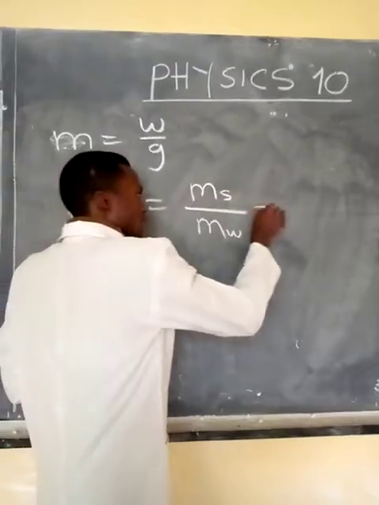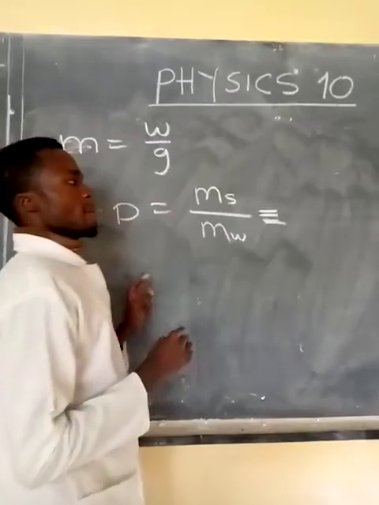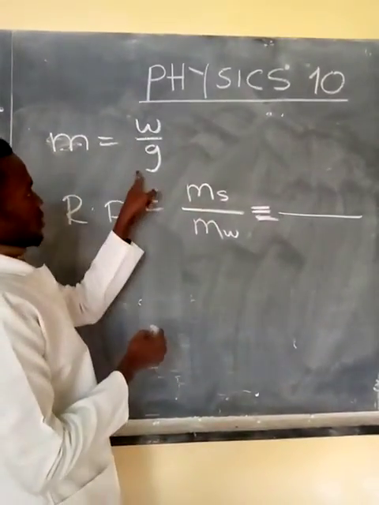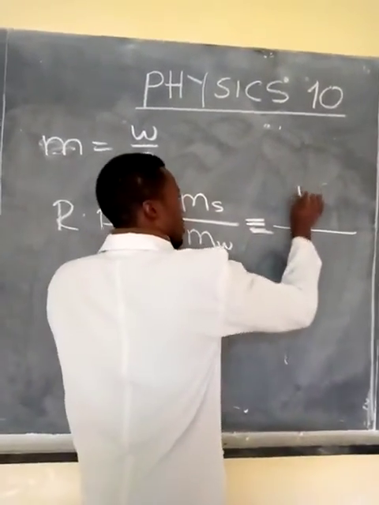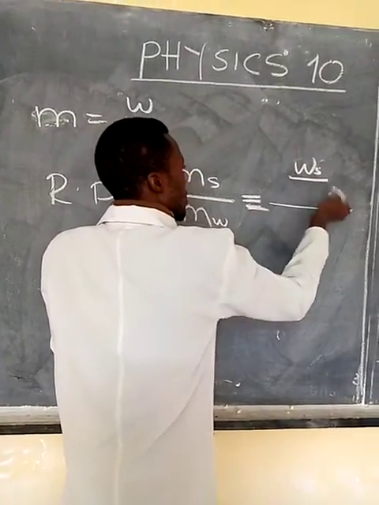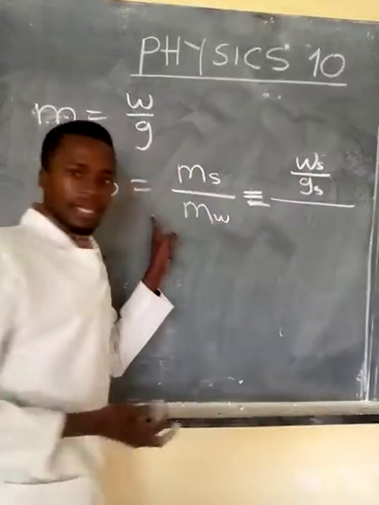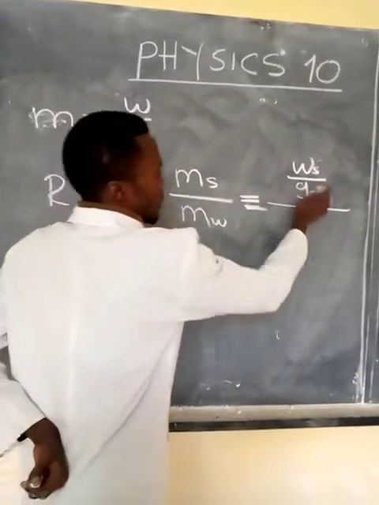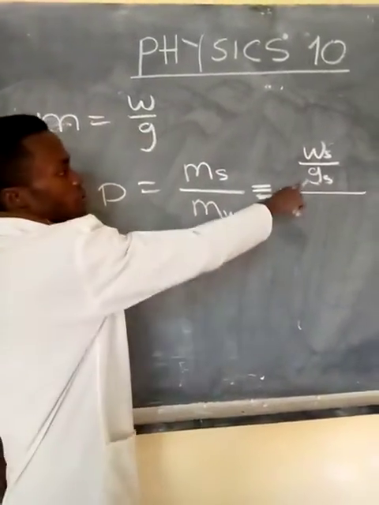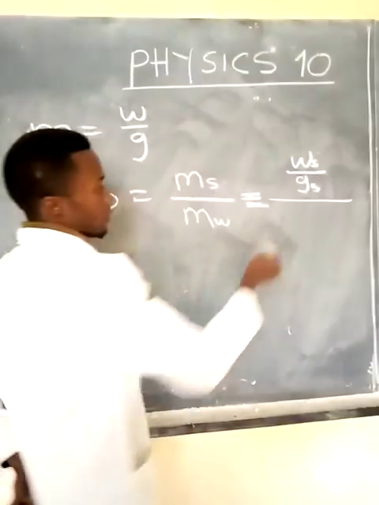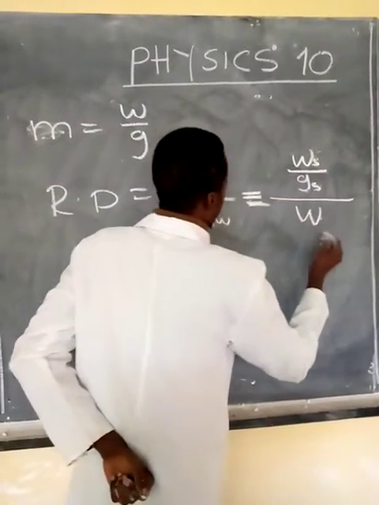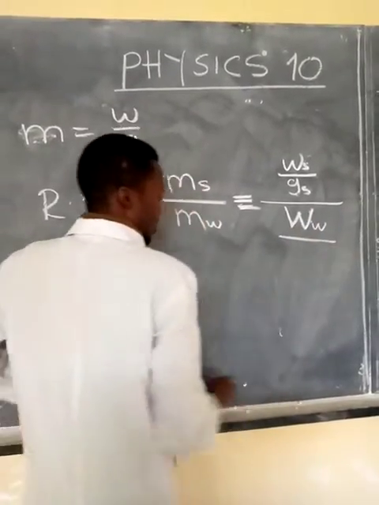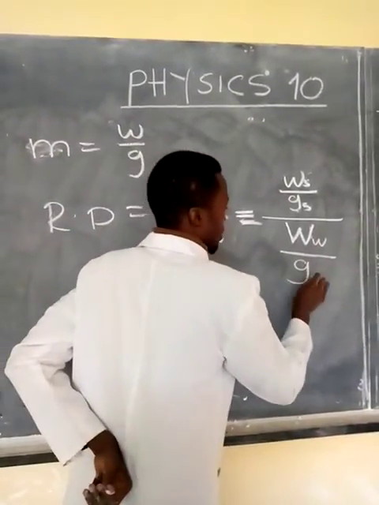So we say the weight of the substance over g, where we know the figure for gravitational force is 10, over the weight of water over g.